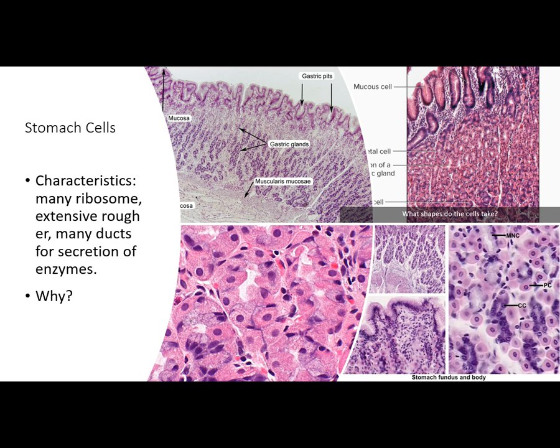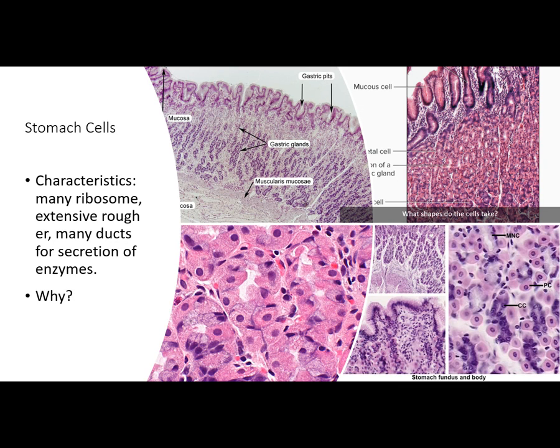So it has to have lots of ribosomes to make enzymes. Also, extensive rough ER, that's also to have the ribosomes, because one of the purposes of rough ER is to make secretory proteins, so proteins that secrete things, such as what we were just talking about.